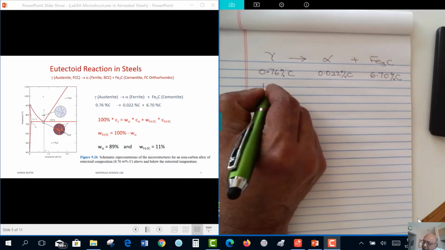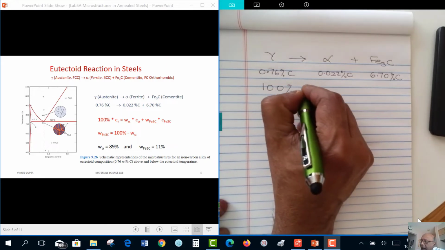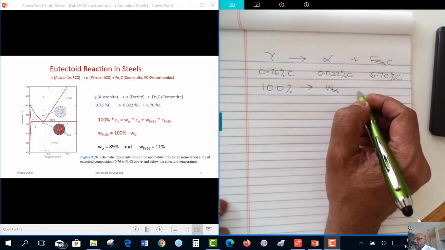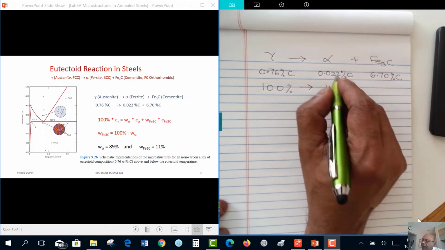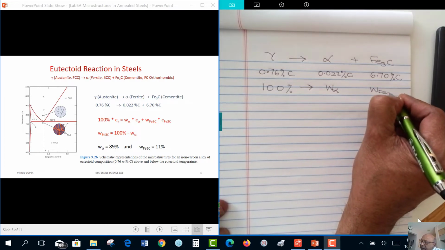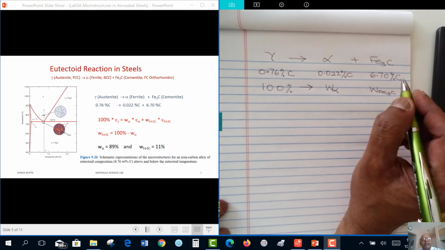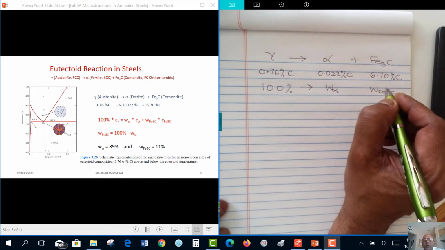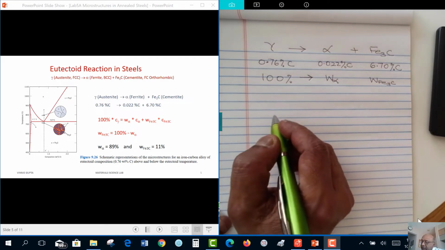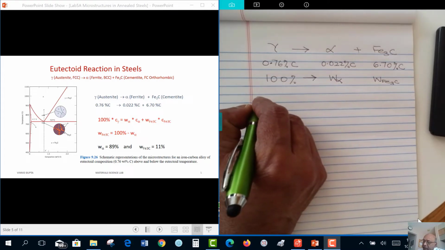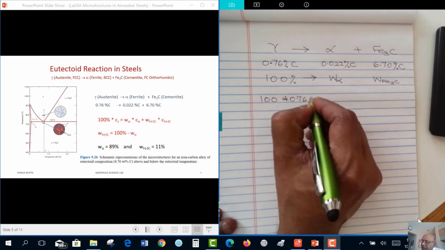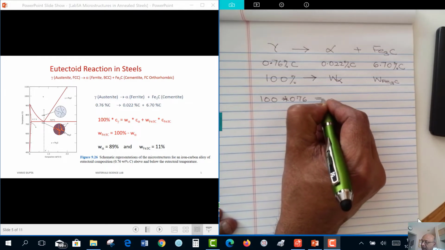Of course, we started with 100%. And let's suppose we end up with W alpha percent of alpha and W Fe3C of the cementite. So what we can do is, you can of course use your tie line and draw that, but often it is easy to just remember. We have 100% of 0.76% carbon, so that is how much carbon total we started with.